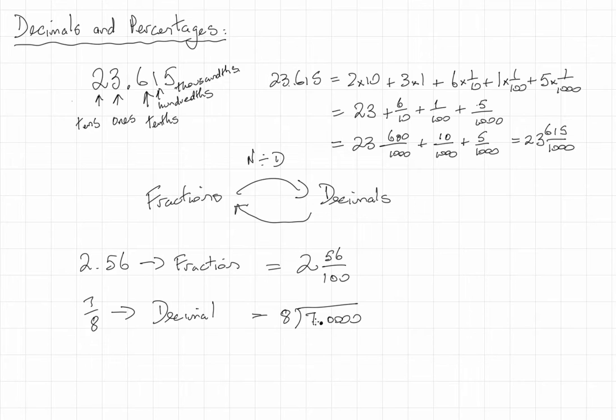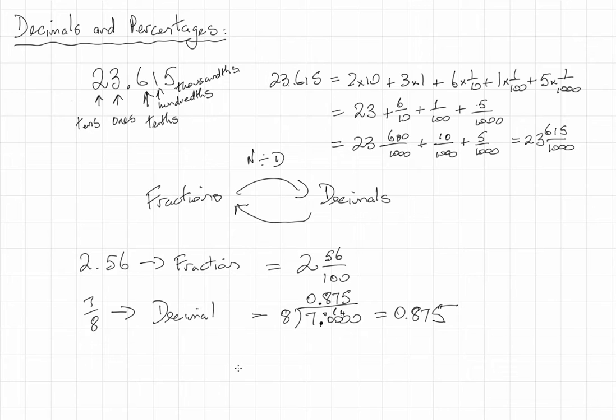We carry our 7, put the decimal place above there. 8 into 70, 8 eights are 64, 6 left over, 8 sevens are 56, and there are 4 left to make up to 60, so there's 4 there. 8 into 40 goes 5, so that'll be 0.875.